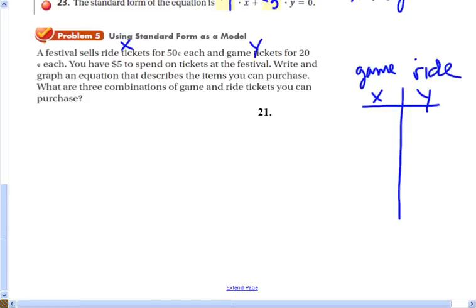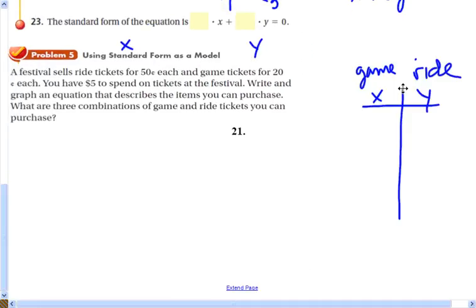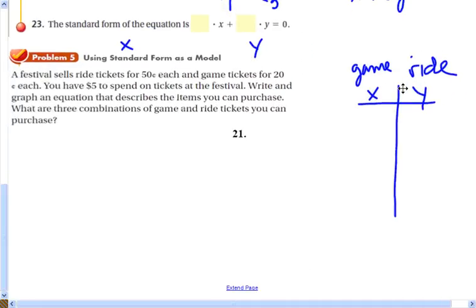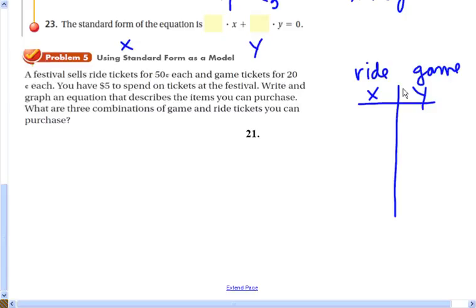So we'll just switch those around, if they're in that order in the problem. All right, so if I multiply 50 cents times my number of ride tickets I want, that expression represents how much I'm spending on ride tickets.